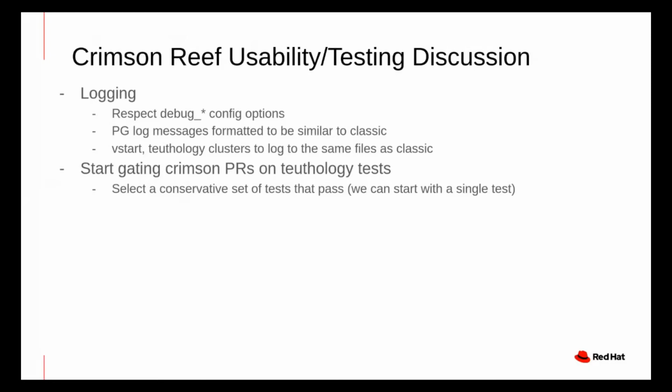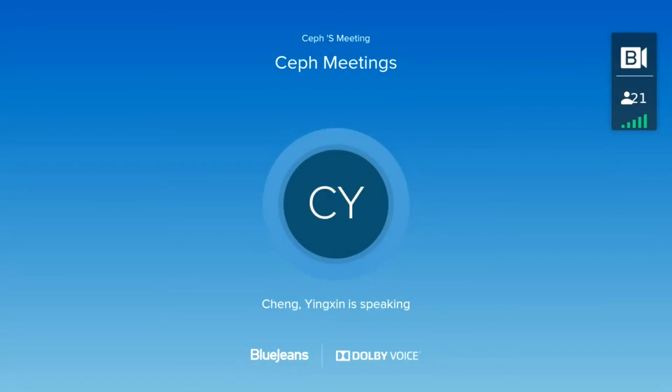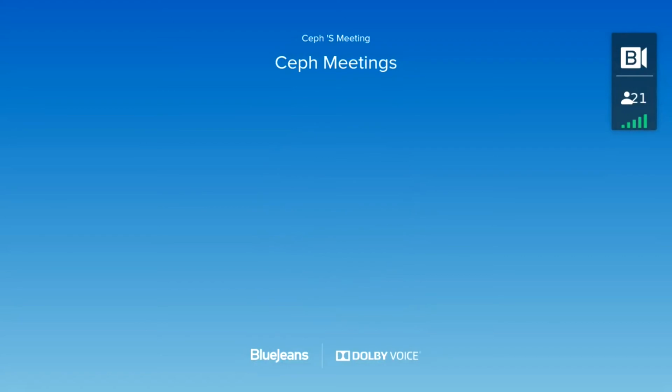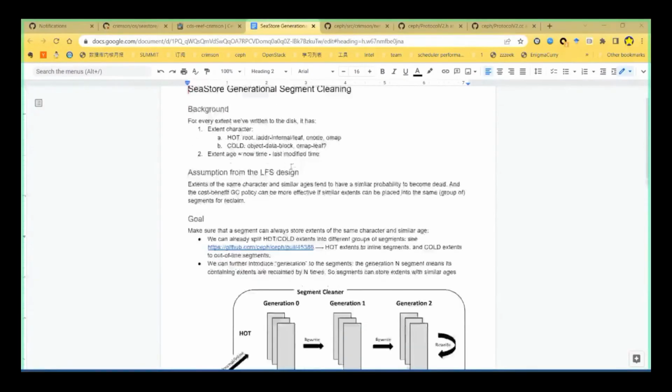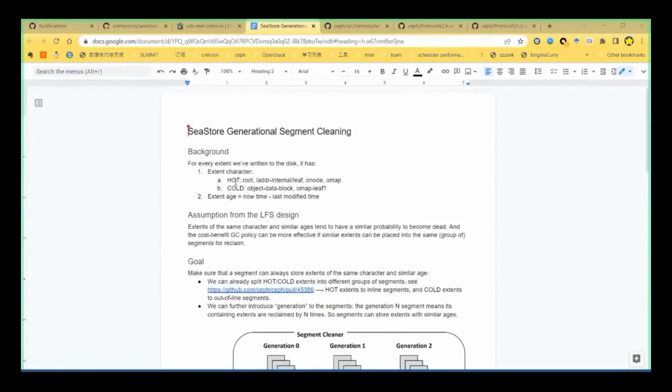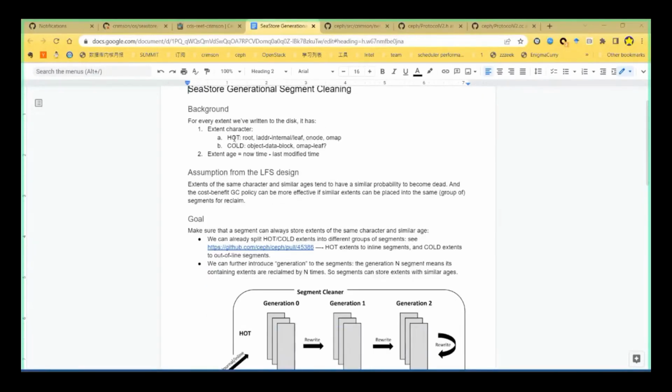So the general background is that for C star to store the extent to the disk, I think if I can share the screen. For every extent written to a disk, the extent has a character. That means it can be hot, that means it is a root extent or a logical LBA extent or onode extent.